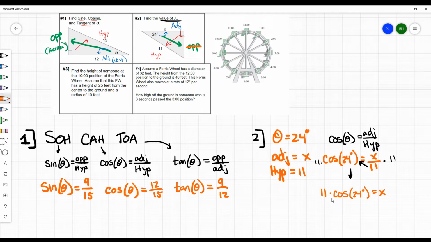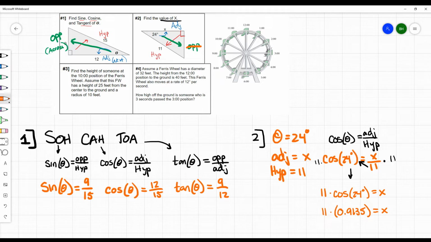Okay. So then if we keep the 11 multiplied with, I'm going to put a set of parentheses here while I give us the simplified version of cosine of 24. And that value is effectively going to be 0.9135. And now on my calculator, I'm going to use the whole value here because I have it available to me.